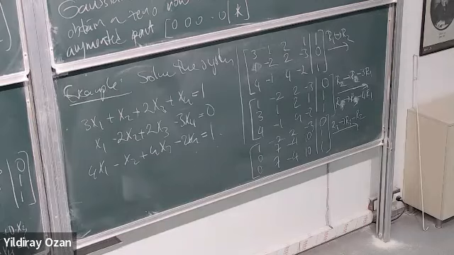I may divide this one by, if you want, 7. So 1 minus 2, 2 minus 3, 0, 1 minus 4 over 7, 10 over 7, 0, 0, 0, 0, and here I have 1 over 7.